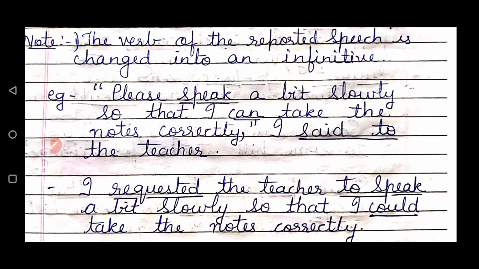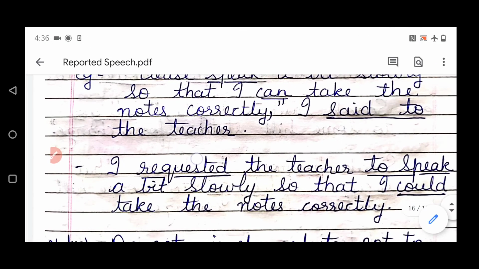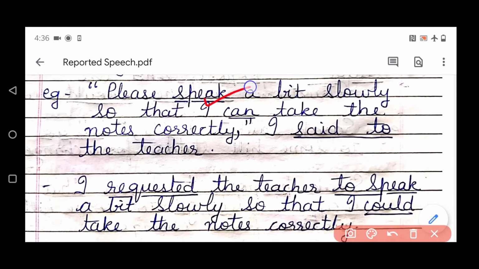So I requested the teacher to speak. तो स्पीक जो हमारा वर्ब है यहाँ पे, डायरेक्ट स्पीच में टू स्पीक में चेंज हो गया. It has changed to speak, right, in the indirect speech. सो इन्फिनेटिव आ गया है ये हमारा.